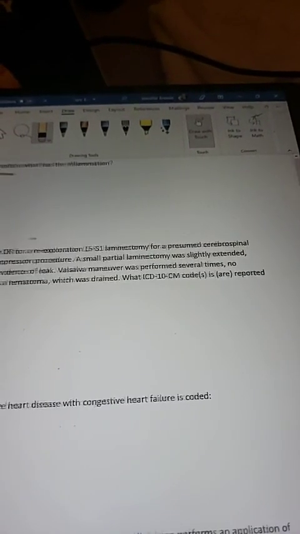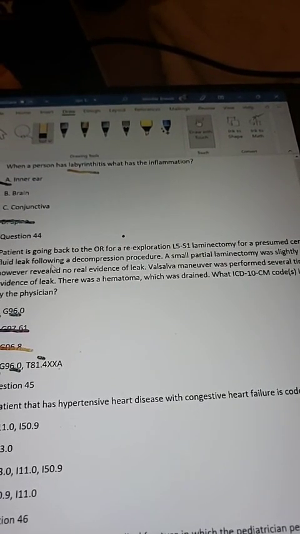Anything that would fall along the lines of an external cause that we would have. I doubt there's any external cause from a previous procedure. That would be more of a modifier thing, like if they had to go back and redo a surgery for some reason. So if we're just looking for an external cause for like baseball, anything like that, and we don't have it, then A is just going to be our answer on this one for sure.